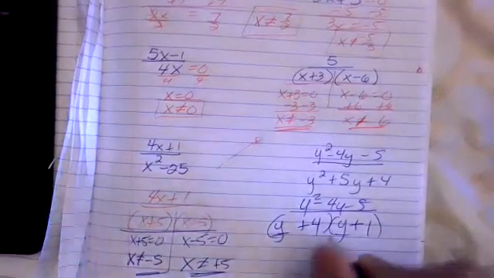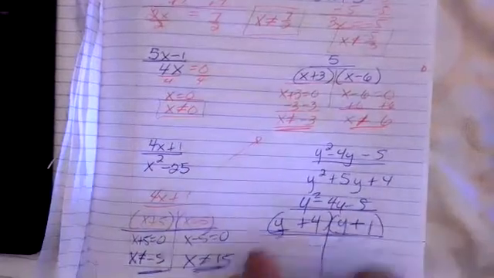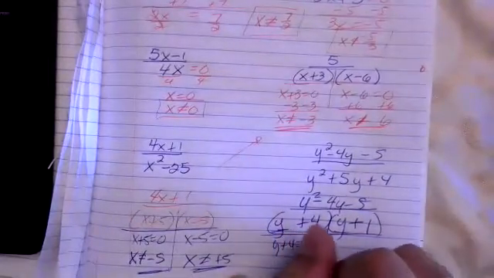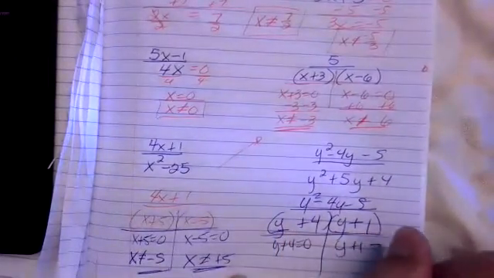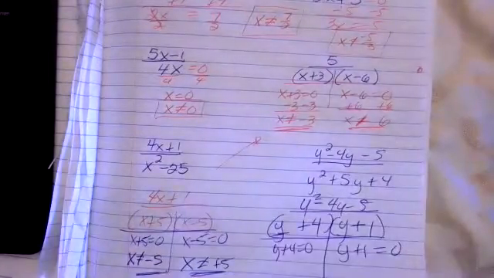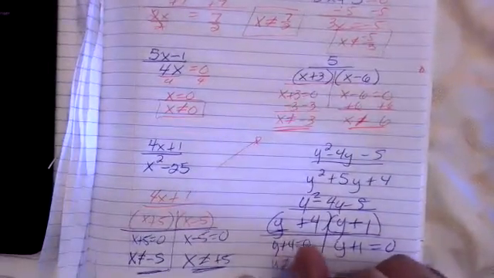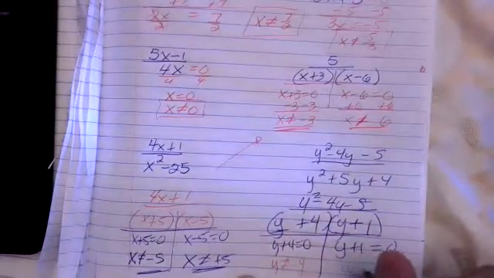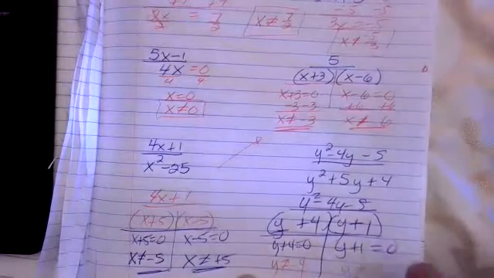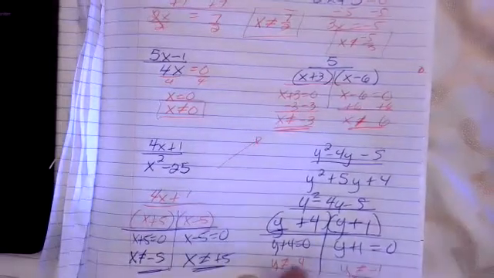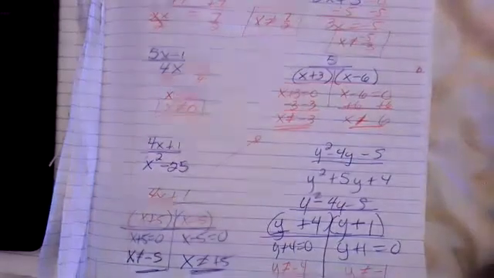Once I have it factored, I want to set each factor equal to 0. y plus 4 is equal to 0, and y plus 1 is equal to 0. So I know y cannot equal negative 4, and y cannot equal negative 1. Those will be my two restricted values.